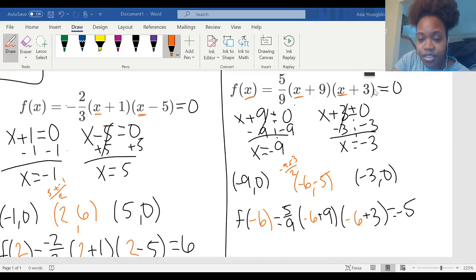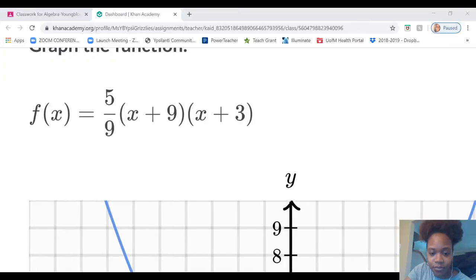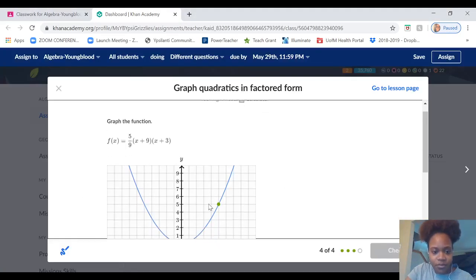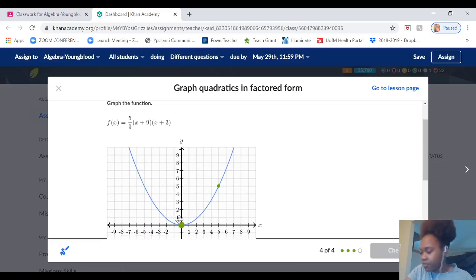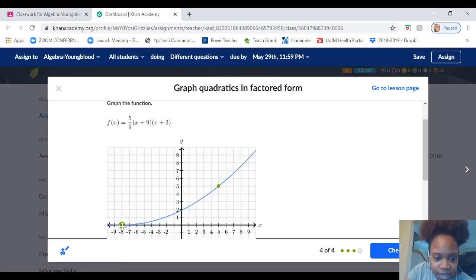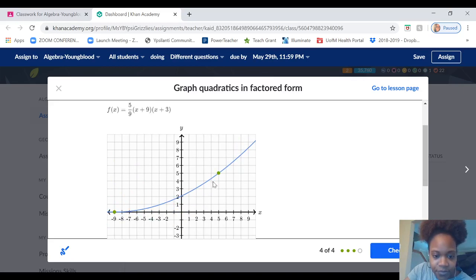So if we switch back to our browser, we need negative 9, 0. Okay, so this is a mistake you might make.